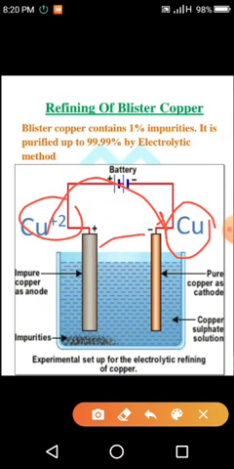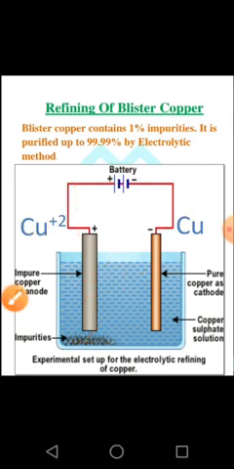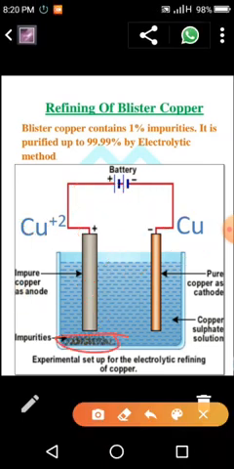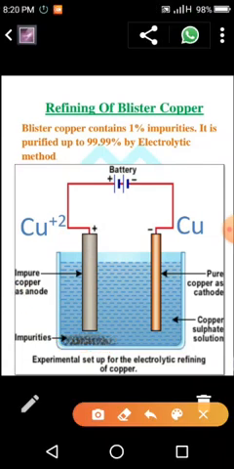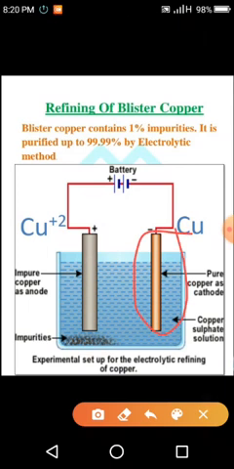One by one, all the copper ions will move there, and the remaining impurities, which are known as anode mud, will settle at the bottom. You can see this is anode mud, which is impurities. So the copper has been extracted over there. We can use the copper by removing it from this electrode. Okay, students.